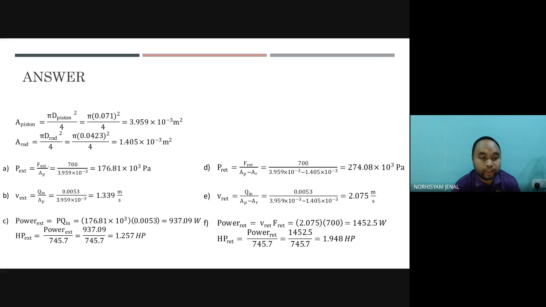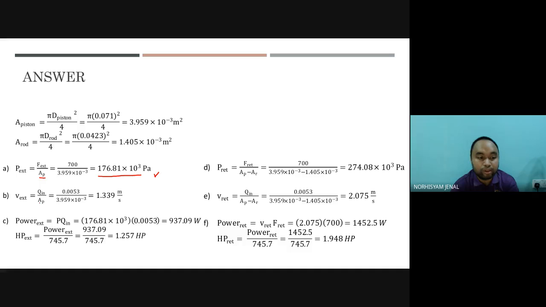If you can see from the question, force of extension and force of retraction is the same, 700. The difference is in the area of piston. If I calculate it, it should be 3.959. So the answer here should be 176.81 times 10 to the power of 3 Pascal. This is the pressure for extension.